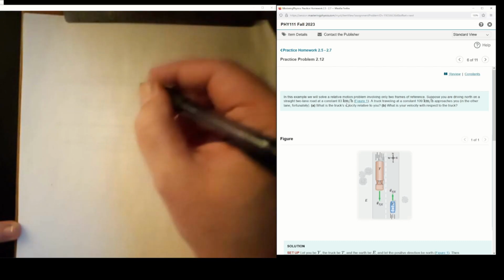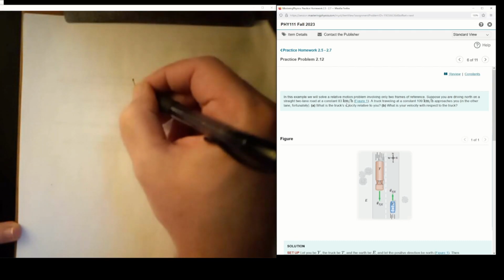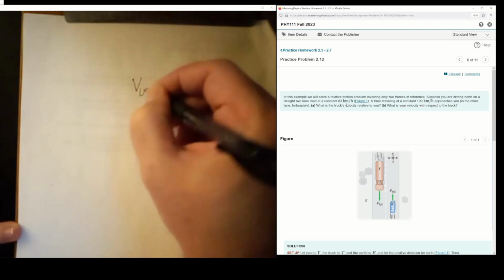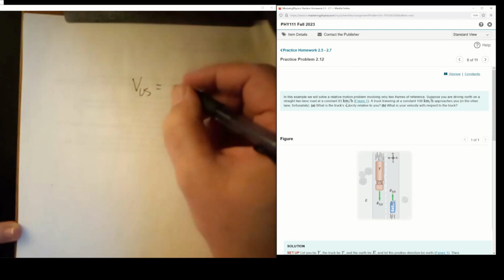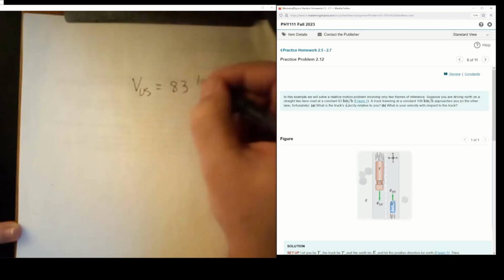All right, so here we have a relative velocity problem. And we've got, suppose you are driving north at 83 kilometers per hour. So maybe we're in Canada. So I'll put V us, we're 83.